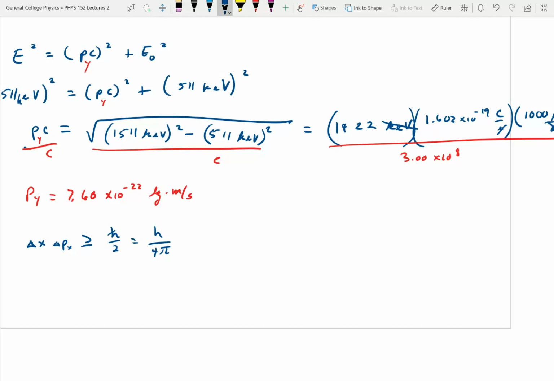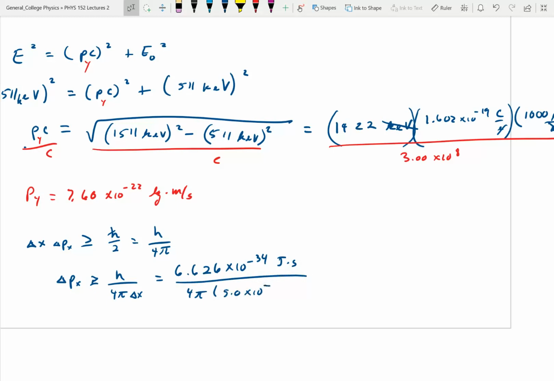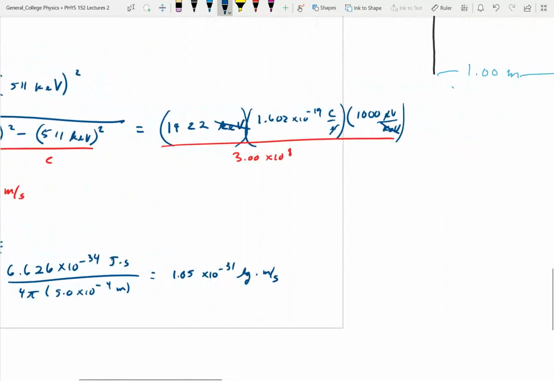So solving for delta px, it's h over 4 pi times 5.0 times 10 to the minus 5 meters. My uncertainty in the x direction turns out to be 1.05 times 10 to the minus 31 kilogram times meters per second.